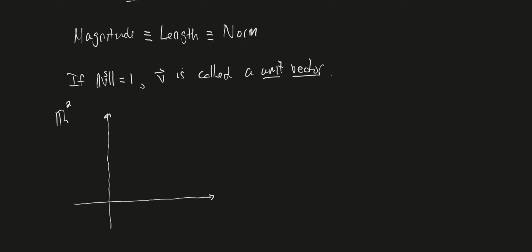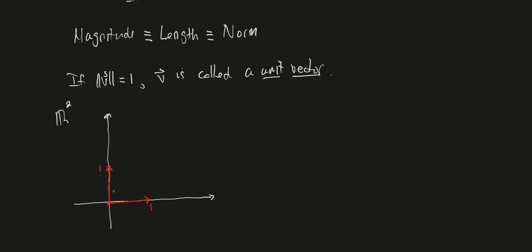And here are the two vectors, and I'll draw them in red. So the vector that starts at the origin and goes to the point 1, 0, right? So that vector will have unit length, right? And then similarly, starting at the origin and going to the point 0, 1, so this vector is also a unit vector.